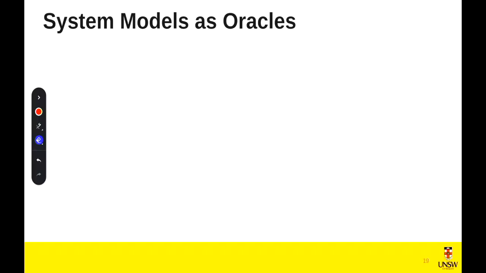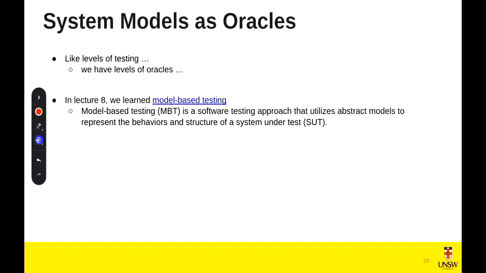And another type of specified test oracle is that we can use system models as test oracles. And like levels of testing, we do have levels of oracles, and we do have system level oracles. And in lecture 8, we have learned model-based testing.